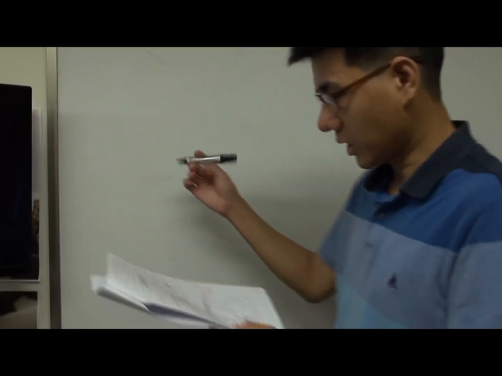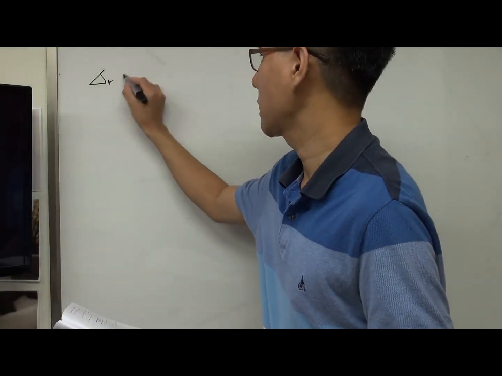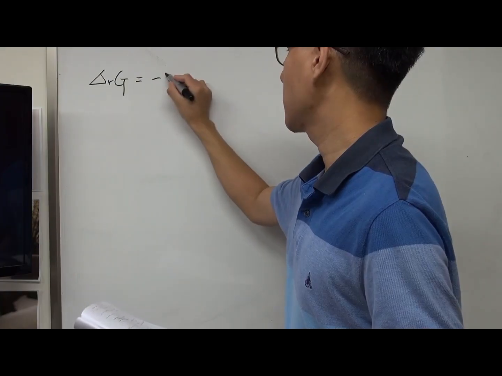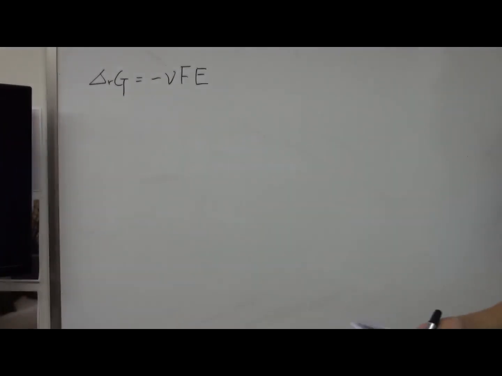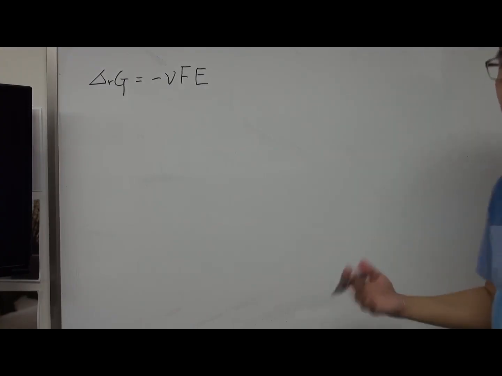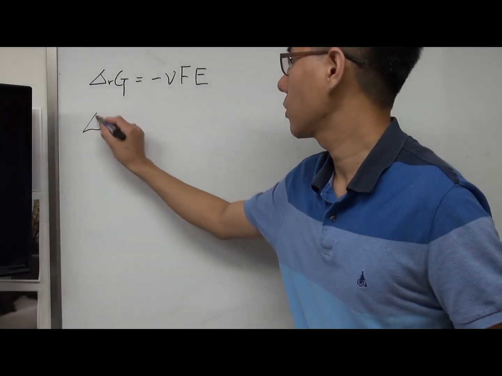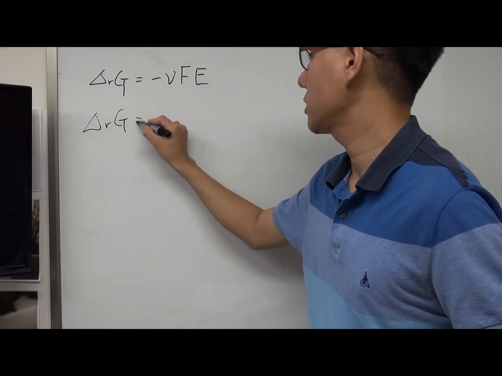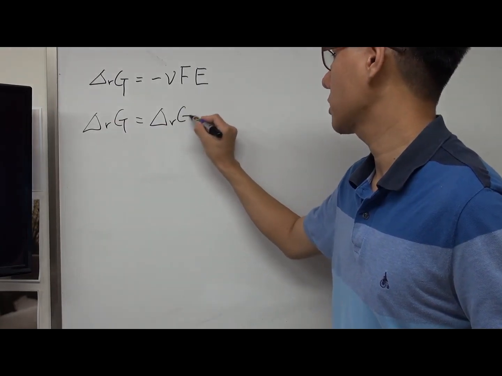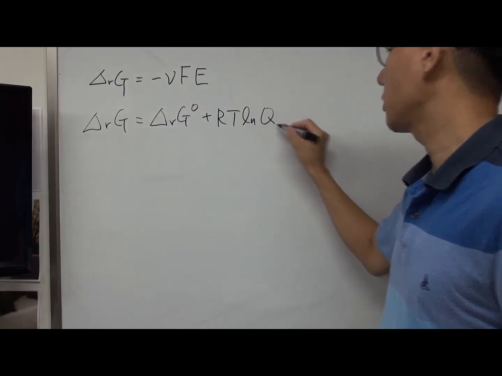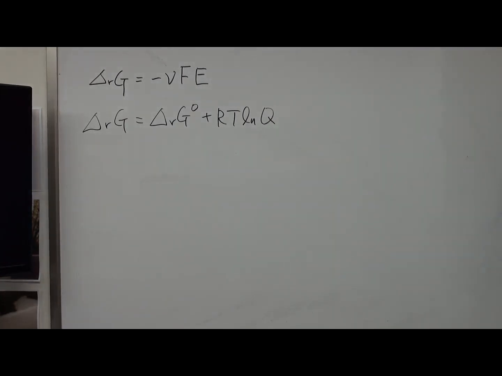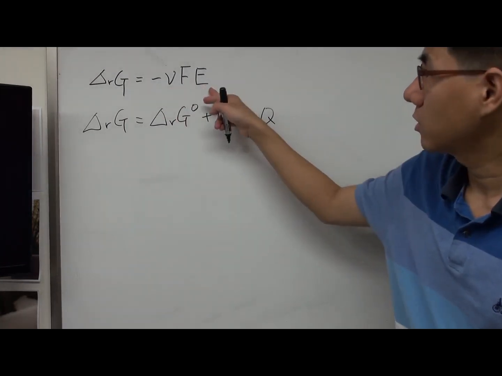So what you got is that the reaction Gibbs energy is minus nu F E, the electric potential. And from previous sections, we got that the reaction Gibbs energy is equal to the standard reaction Gibbs energy plus RT ln Q. Then we can put this here.